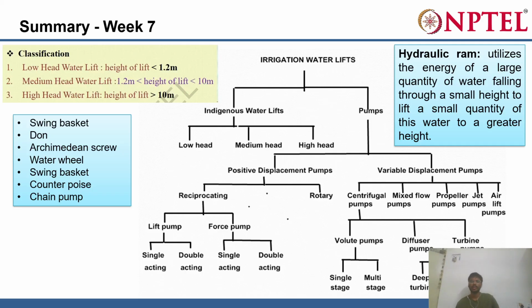All of these have different principles of operation, but among them pumping devices are nowadays most common in most regions. Still, certain indigenous water lift devices are in use in hilly regions where not much electricity is available and power operation is not possible. So these kinds of structures are still available.